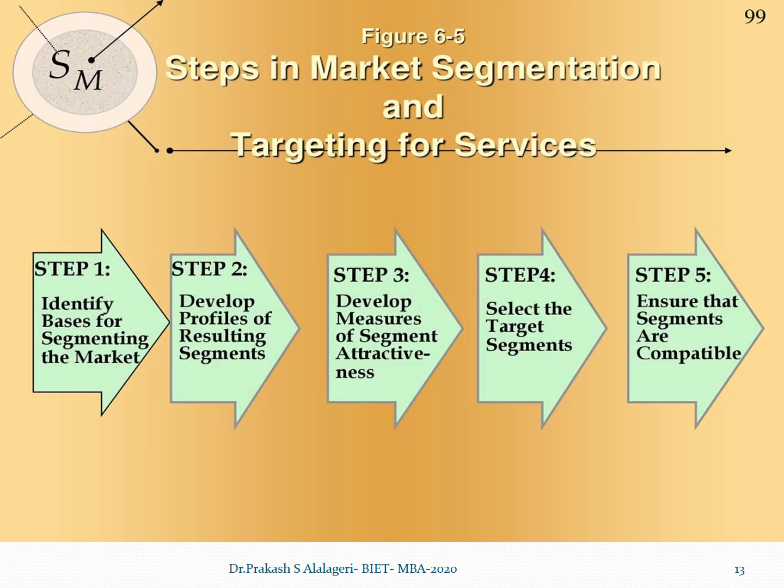Then I find out whether the segment is attractive enough for me to enter, with both visibility and attractiveness. Then I pick a few of those segments as targets. Then I position them. Then I do my marketing. So that's what you can see.